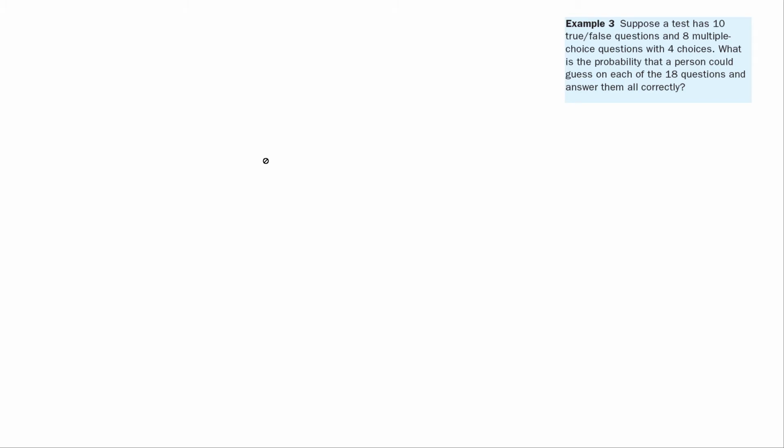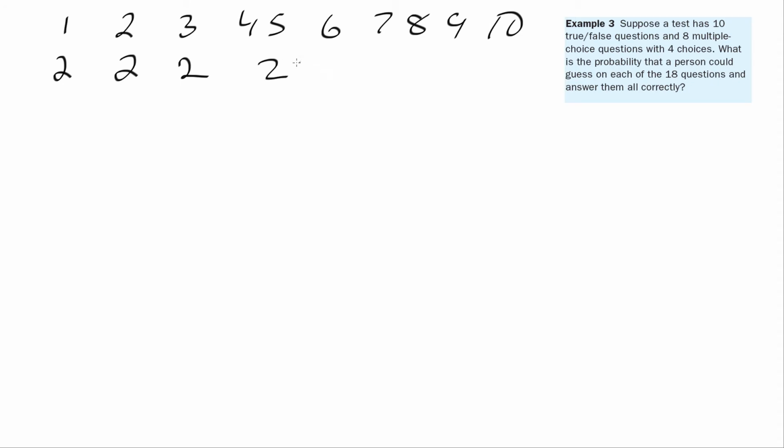Now, if we assume, which we do, that every one is an equally likely, independent event, then for the true-false part, there are 10 questions. So how many choices are there? Well, for question 1, there are 2 choices. For question 2, there are 2 choices. Questions 3 through 10 all have 2 choices.